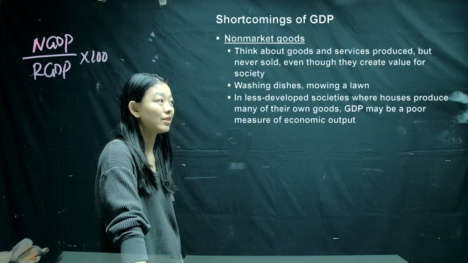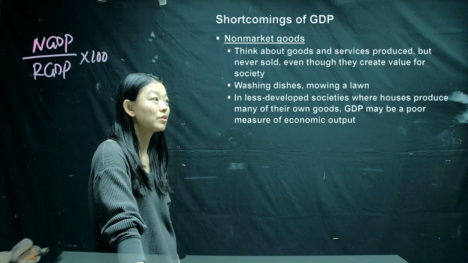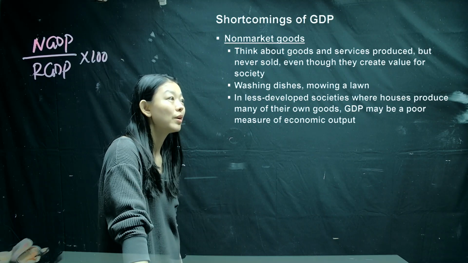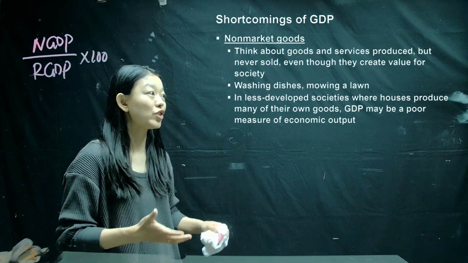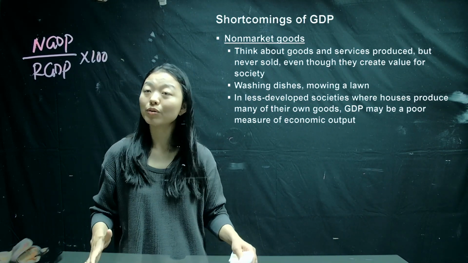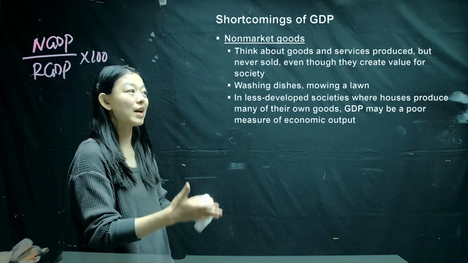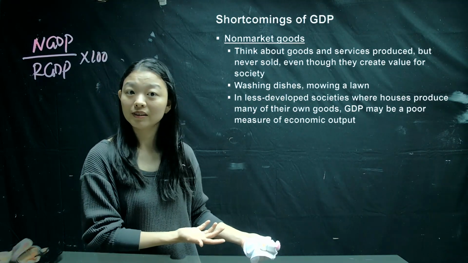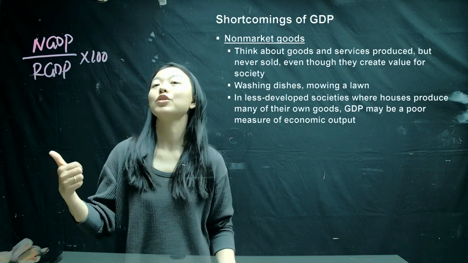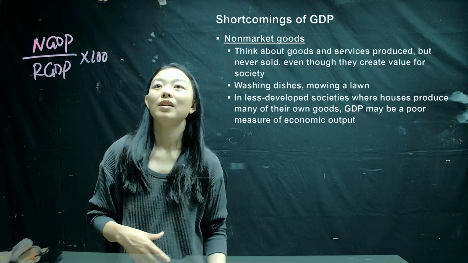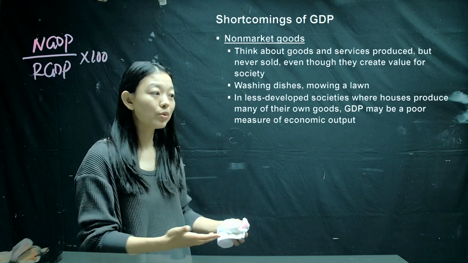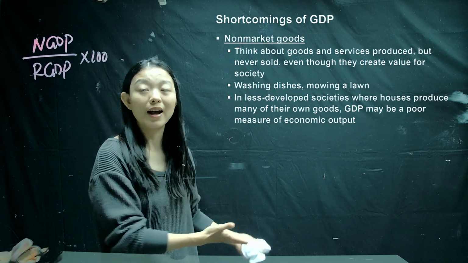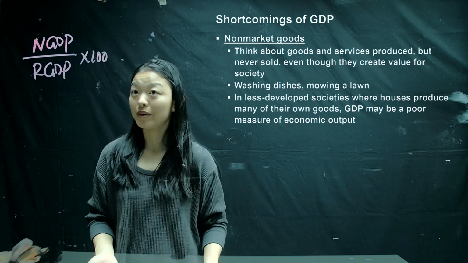In less developed societies, households produce many of their own goods, but GDP could be a very poor measure of that economic output. For example, the tomatoes, cucumbers, zucchinis, and peppers that I plant in my backyard don't count for GDP, right?